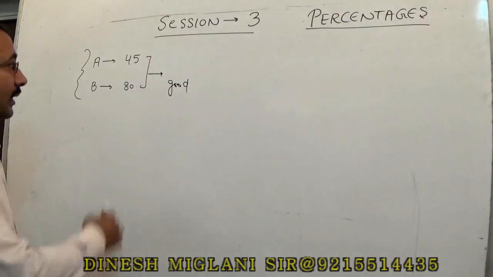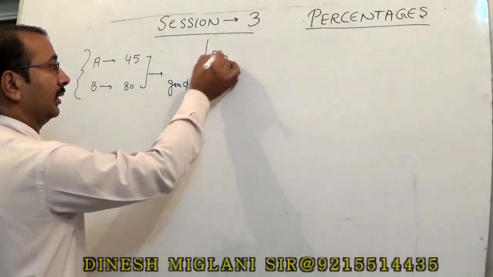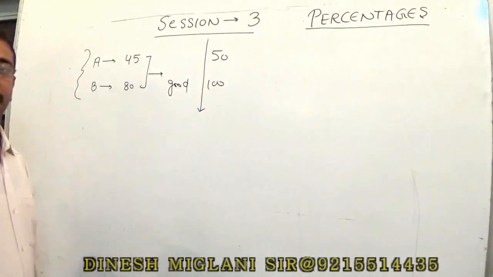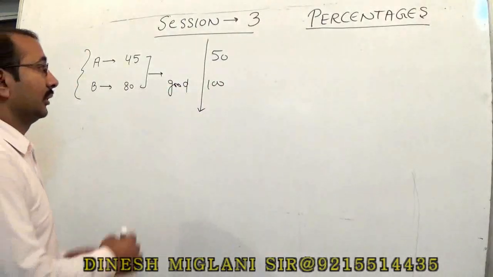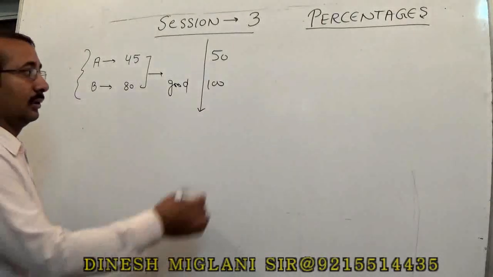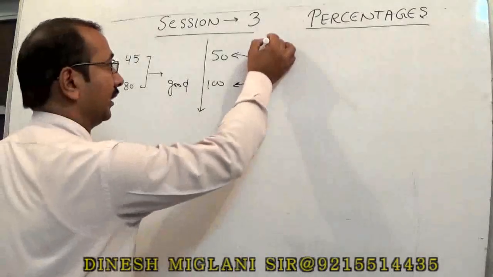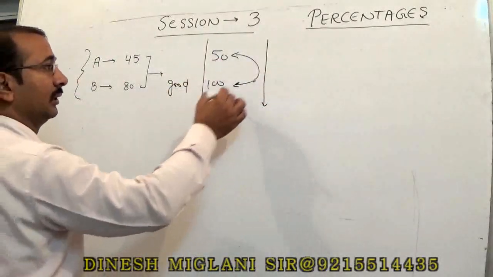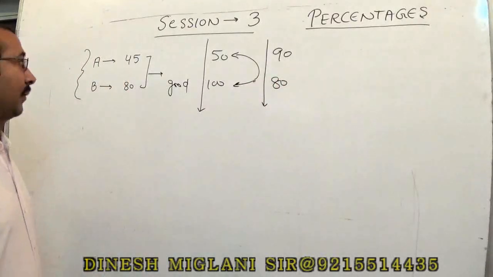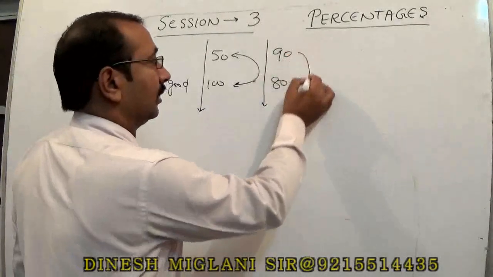But when I say A has got 45 marks out of 50 and B got 80 marks out of 100, then our perception will change. Why? Because if you have to compare 45 and 80, first of all there is a need to make their base the same. If I make A's marks out of 100, then A gets 90 marks and B gets 80 marks. It means the performance of A is better. What does percentage help us with?